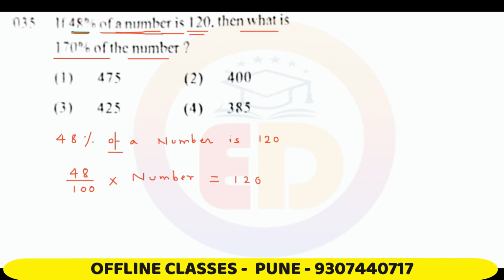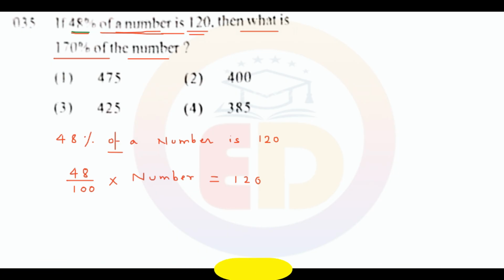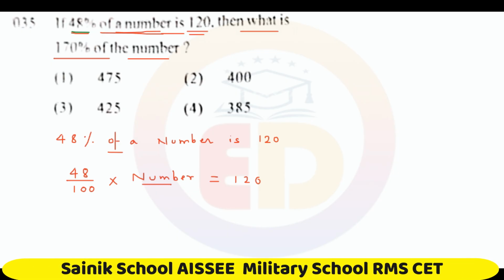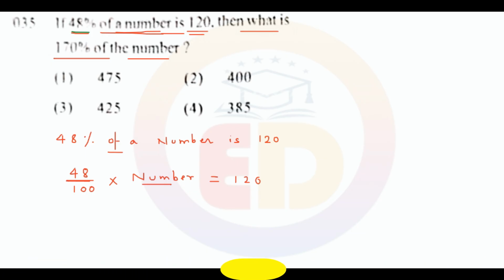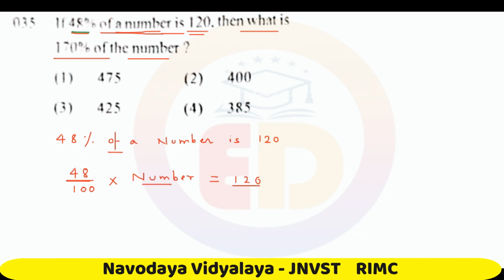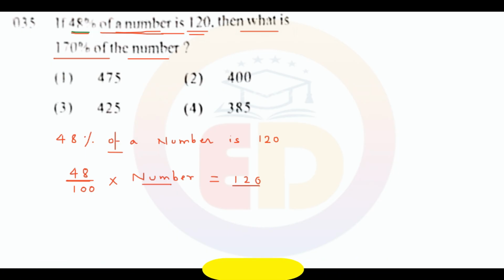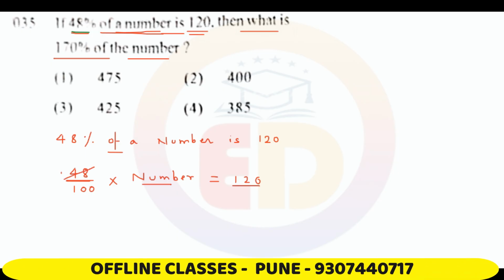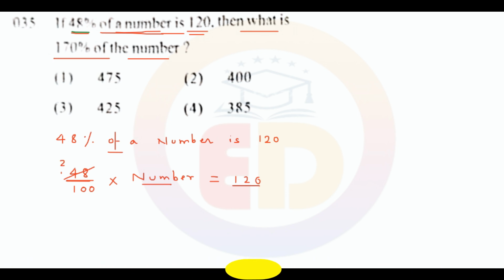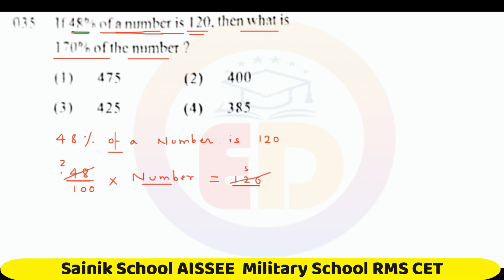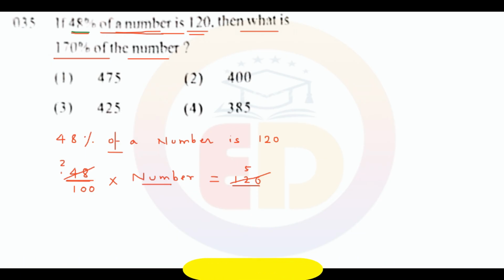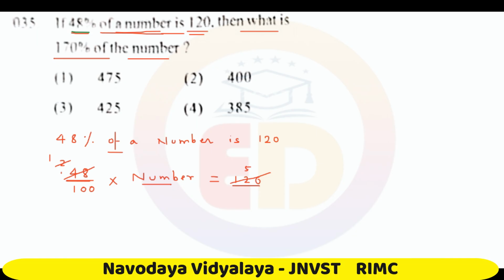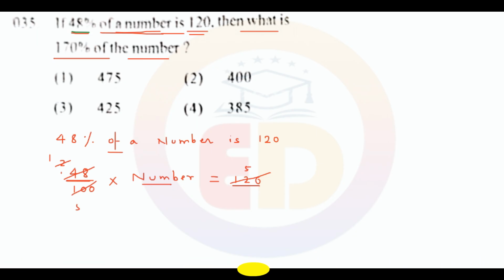Now, as I told you before, to find out the value of this number, we can simplify the left hand side numerator and right hand side numerator. We can divide both 48 and 120 by 24. 24 2s are 48 and 24 5s are 120. Again, we can divide: 2 1s are 2 and 2 50s are 100.